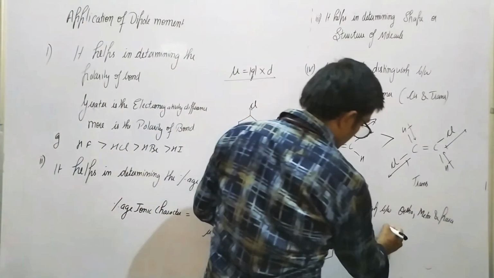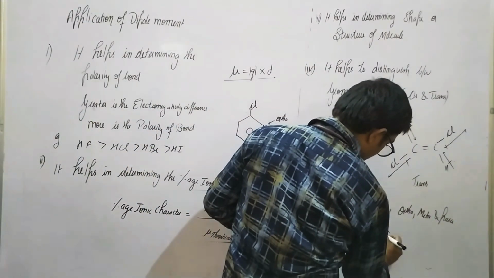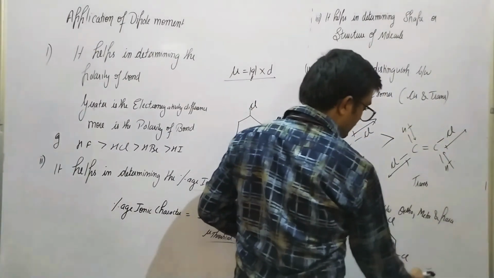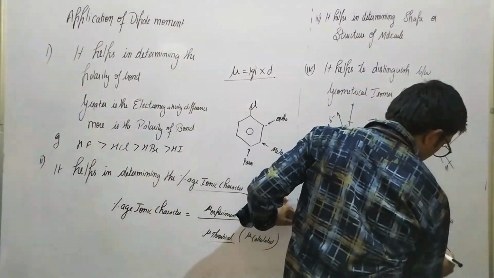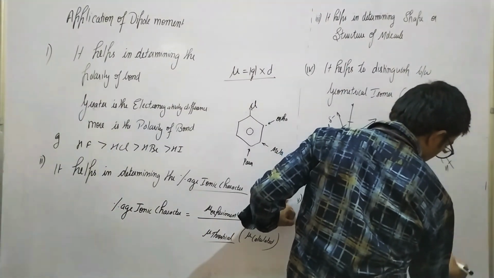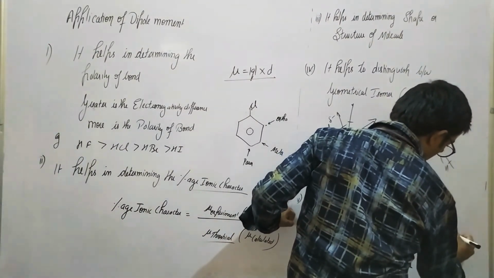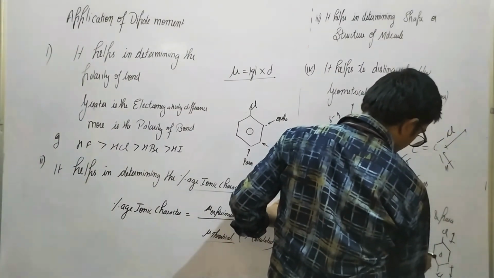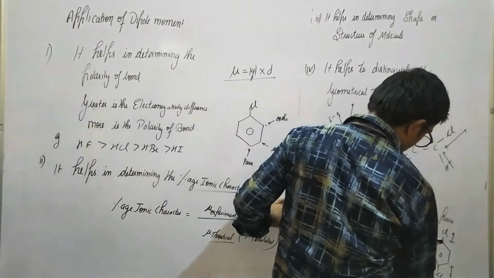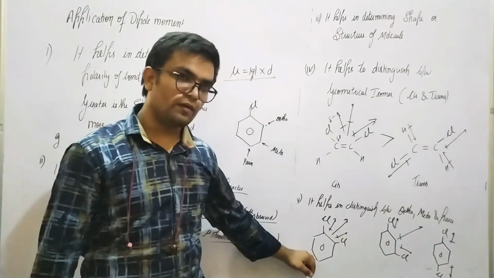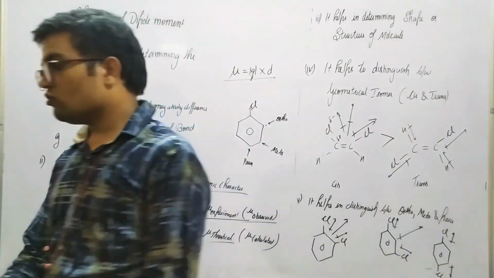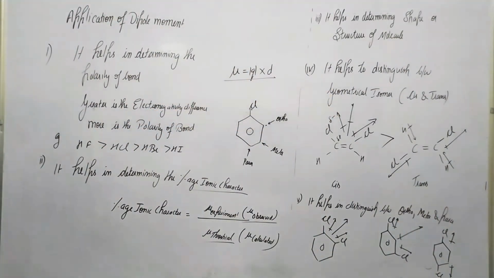Hence in meta it is a little lesser than ortho, and in para the net dipole moment is 0, because both the dipole moments are cancelled by each other. This is orthodichlorobenzene, this is metadichlorobenzene, this is paradichlorobenzene.